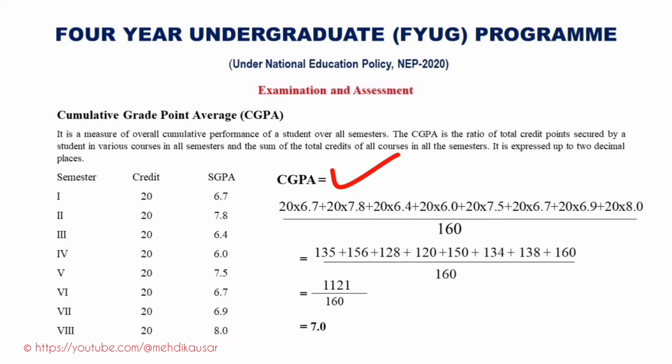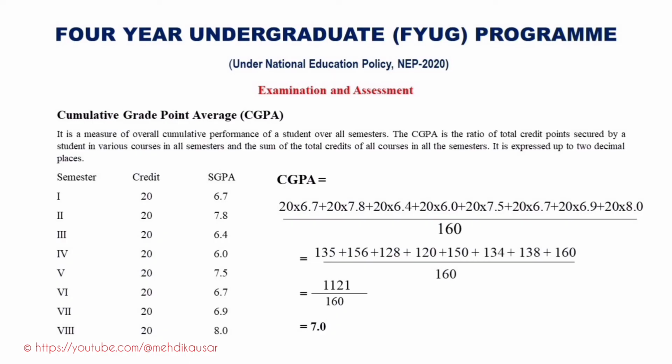Then the CGPA will be 20 into 6.7 plus 20 into 7.8 plus 20 into 6.4 plus 20 into 6.0 plus 20 into 7.5 plus 20 into 6.7 plus 20 into 6.9 plus 20 into 8.0 divided by 160, which is the total credit.